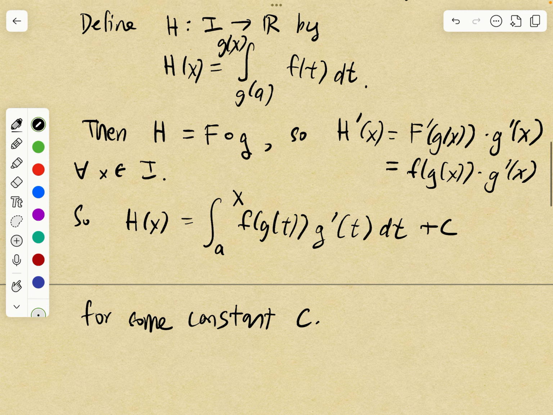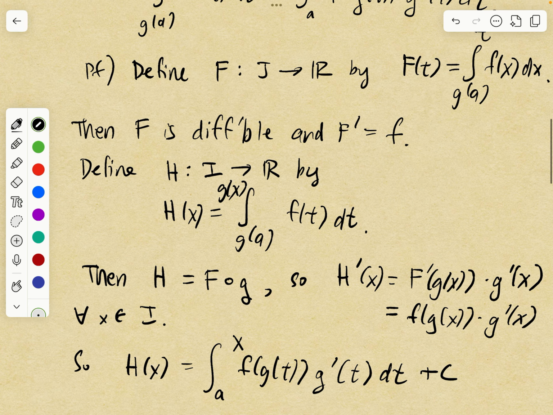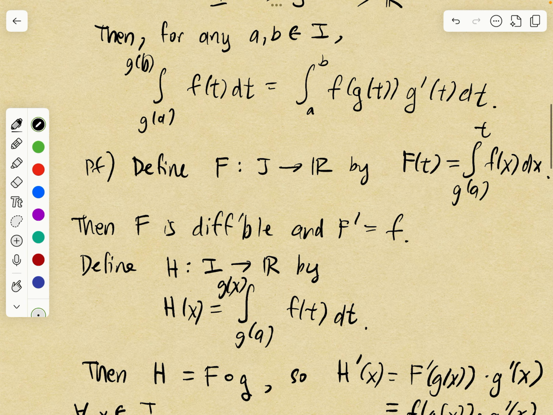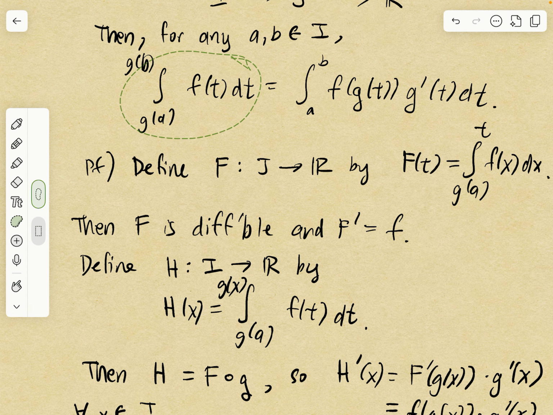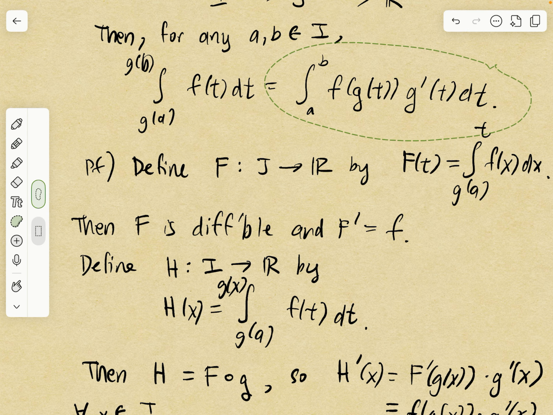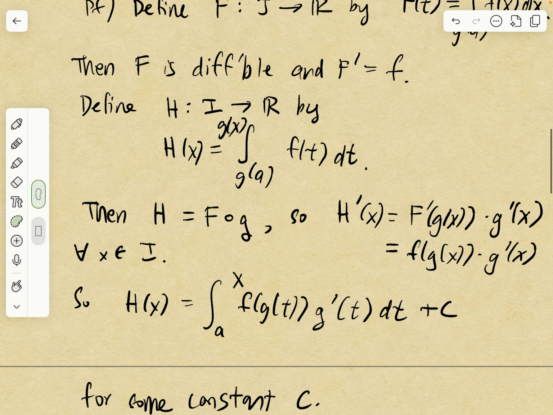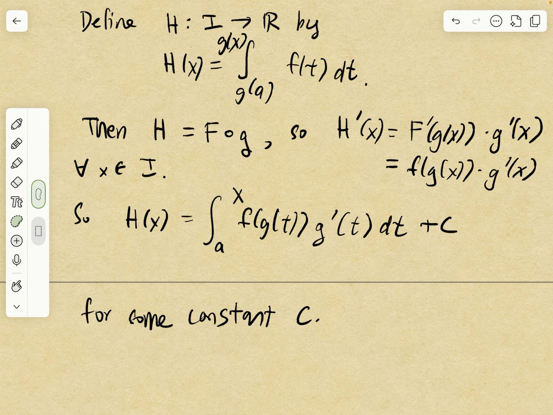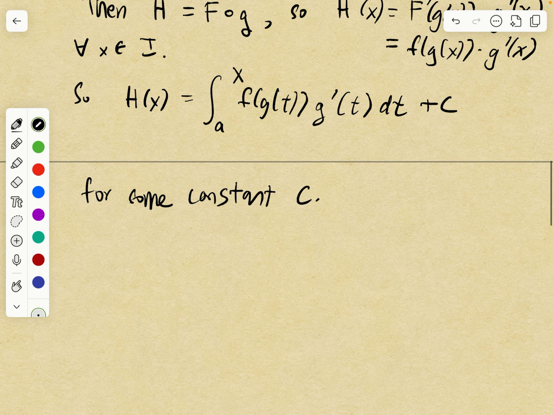Now H of b is equal to this, that's capital H of b, and we're trying to show that that's equal to this. So if we can show that c is 0, then we can just plug in x equals b and we'll be done. Now let x equal a.